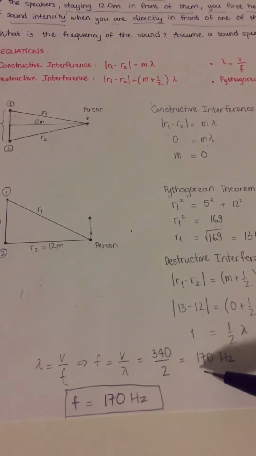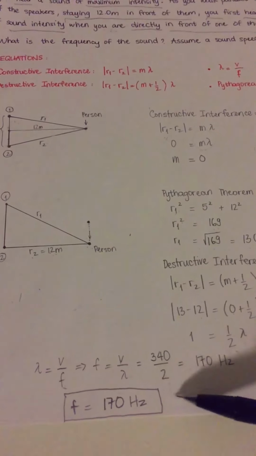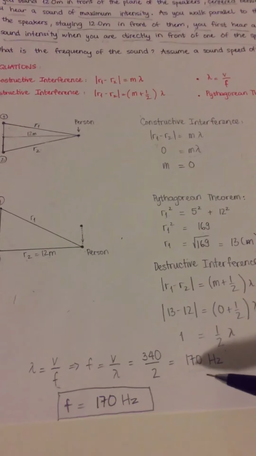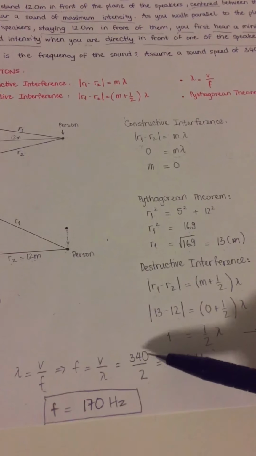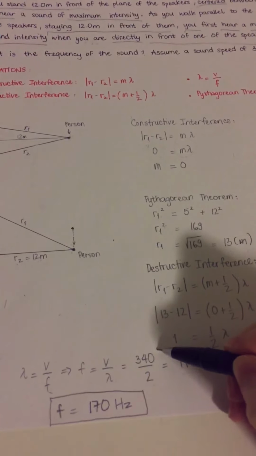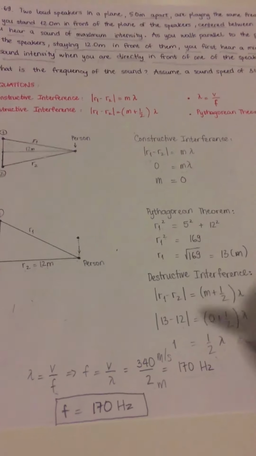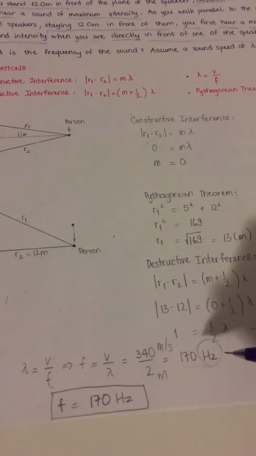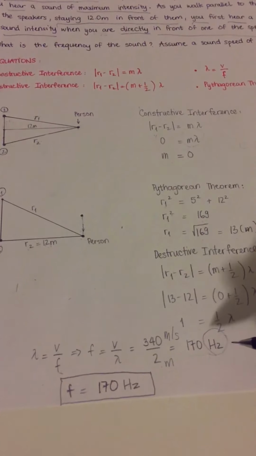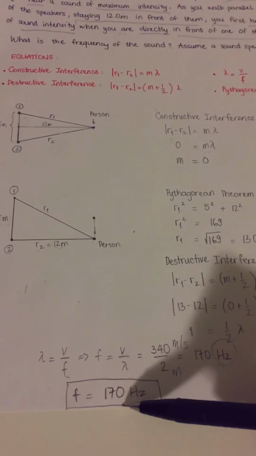And this answer makes sense because our math makes sense, and our units work out. This one has a unit of meters per second, and this one is meters, so this unit right here also makes sense because they all lined up, hertz. So our frequency is 170 hertz.